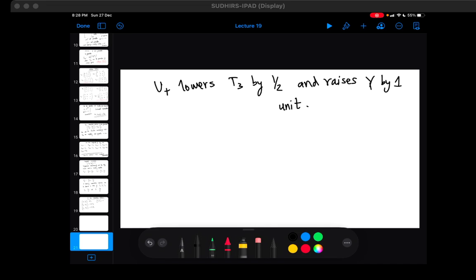And V plus raises T3 by half and raises Y by 1 unit. Similarly, you can look at what happens for T minus and so on.